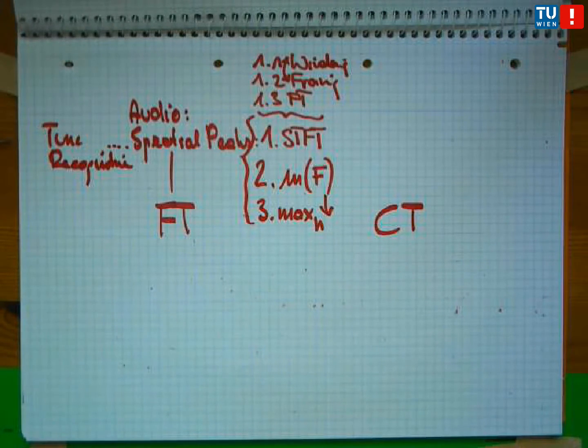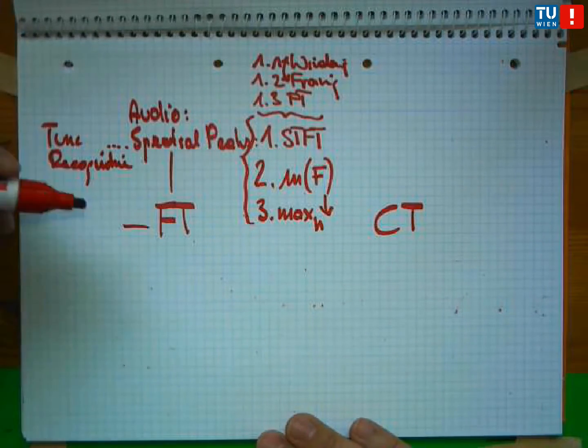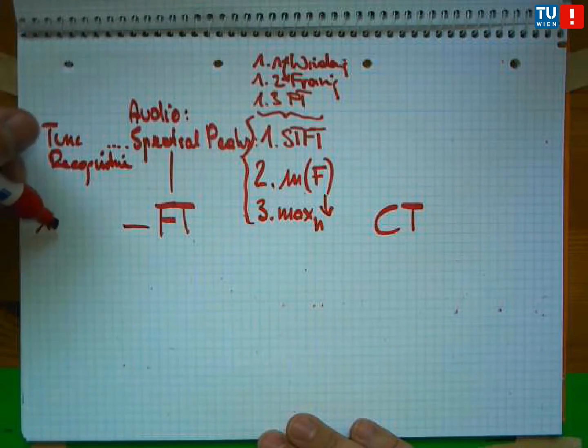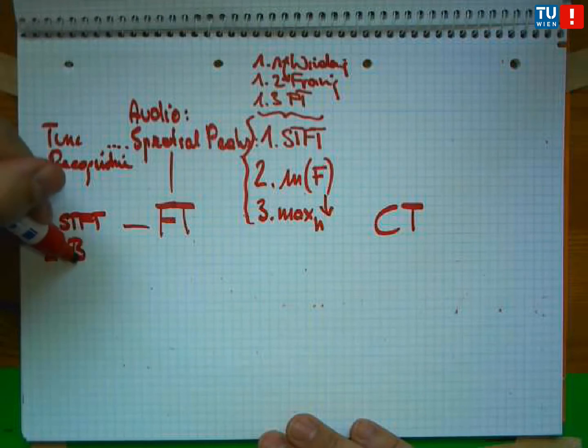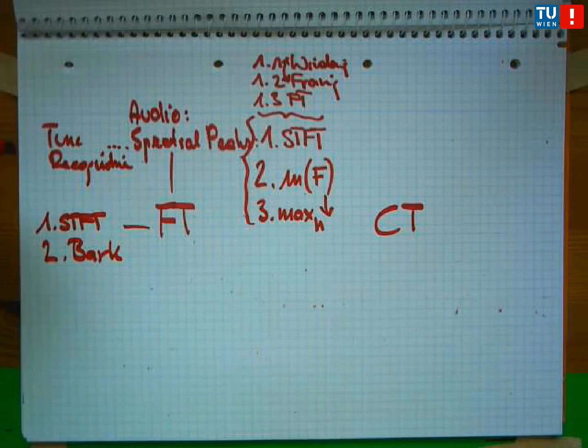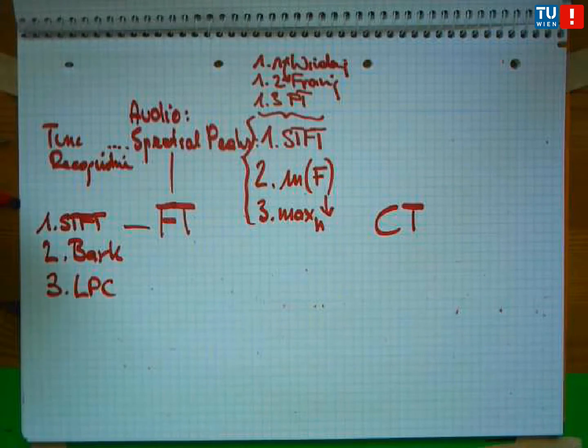Another audio domain feature is rhythm detection. Here the typical recipe is to do the short-time Fourier transformation. Secondly, employ the Barkhausen critical bands transformation. With the Barkhausen, you get 25 critical bands, and for each critical band, you then employ linear predictive coding.